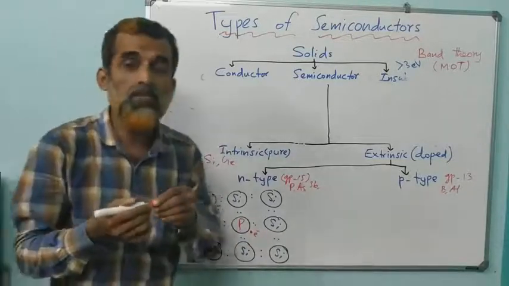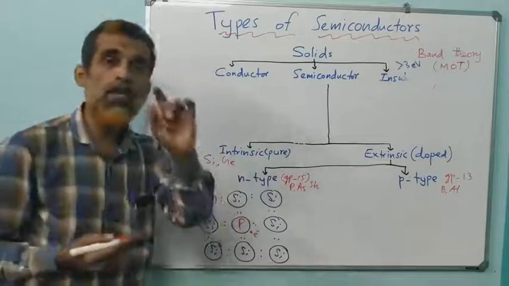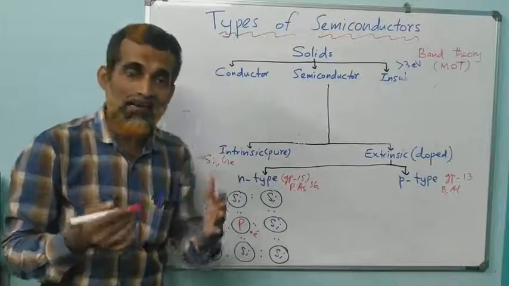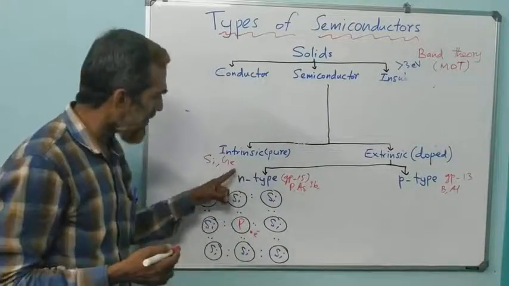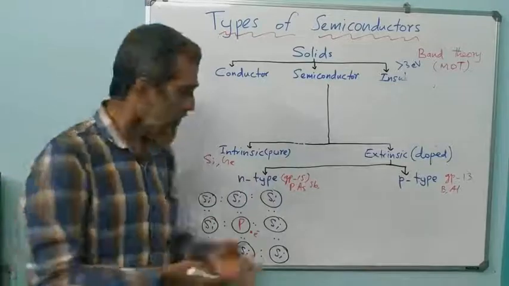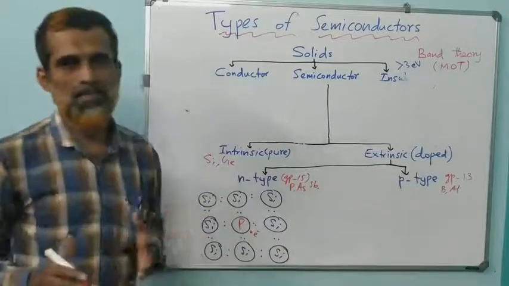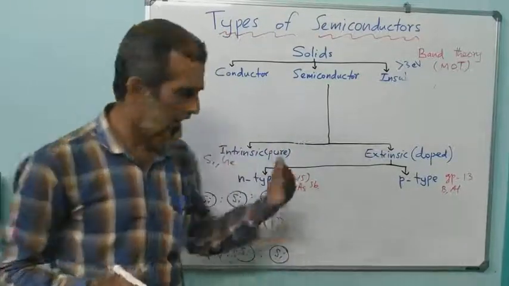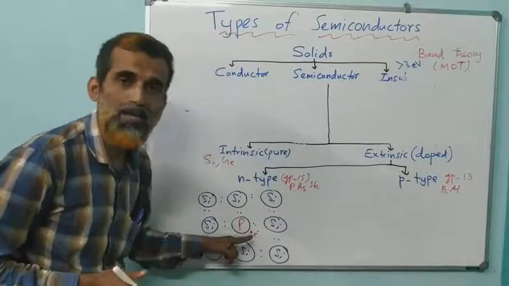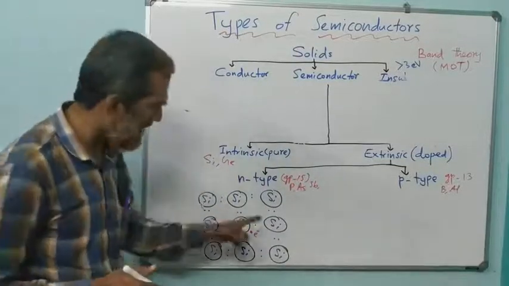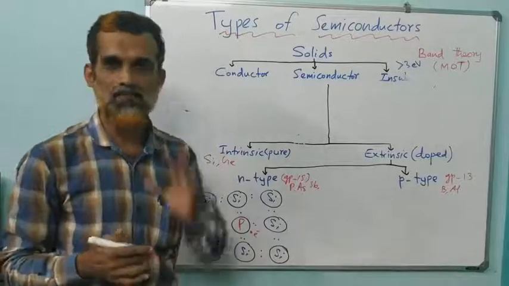So wherever phosphorus comes, there will be a free electron. And electrons are negative, that's why we call it N-type semiconductor. So in this N-type semiconductor, conduction is due to the free electrons associated with these dopant atoms.